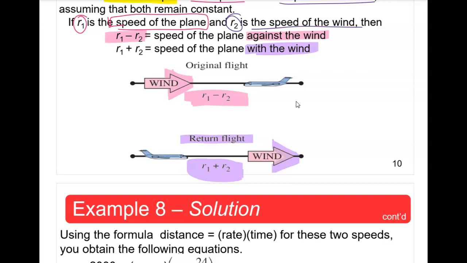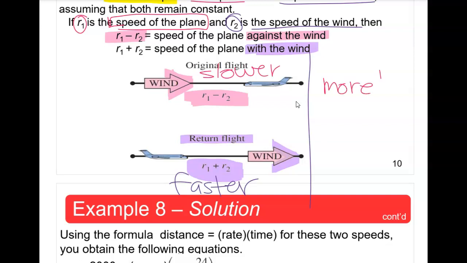So if it was going faster on the way back, it only makes sense that the time is less. The original flight going to the destination was slower, so it makes sense that it will take more time if you're going slower. And for the return flight, it took less time.